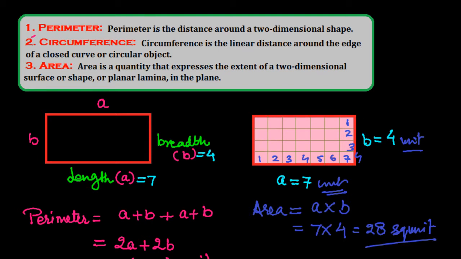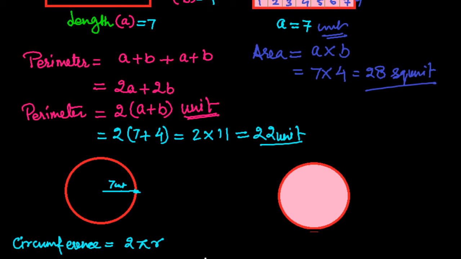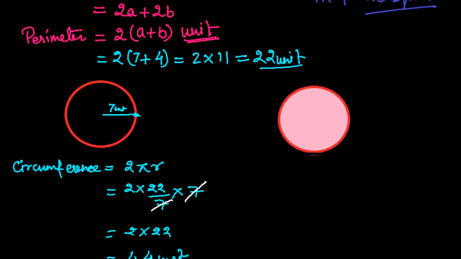We have many other figures also. If we have to find the area of a circle, we know the formula: area of a circle is pi r square. So we take 22 by 7, and r is 7 here in this circle, so 7 square.